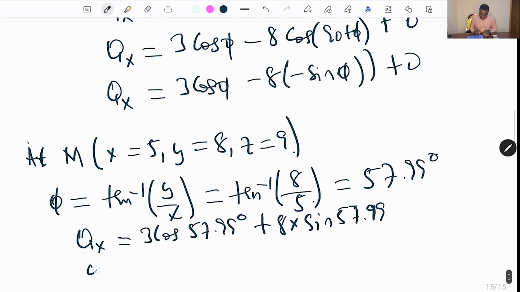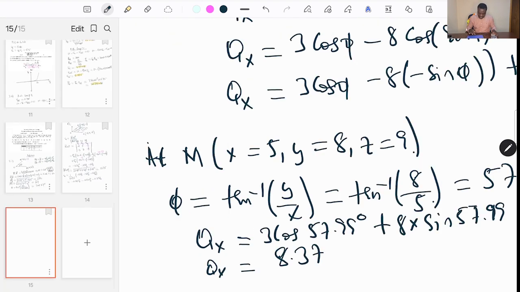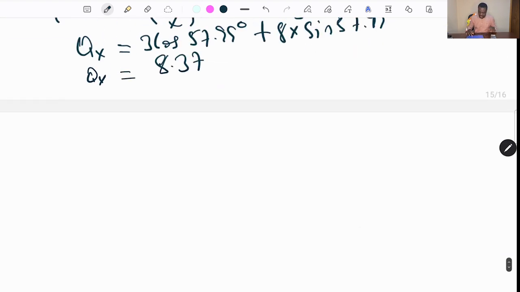So what do I get? We get 3 times cos 57.99 plus, in bracket, 8 times sine 57.99. That will give us 8.37. So we get 8.37 for the x coordinate.